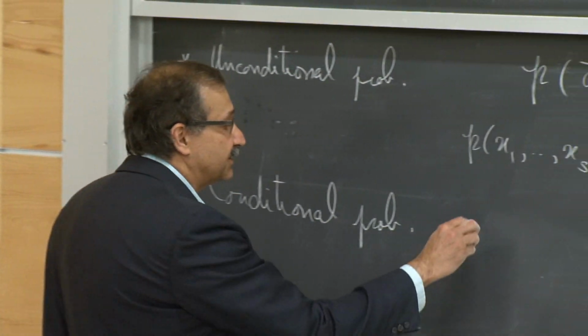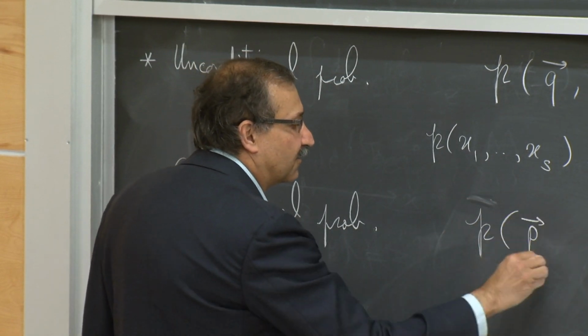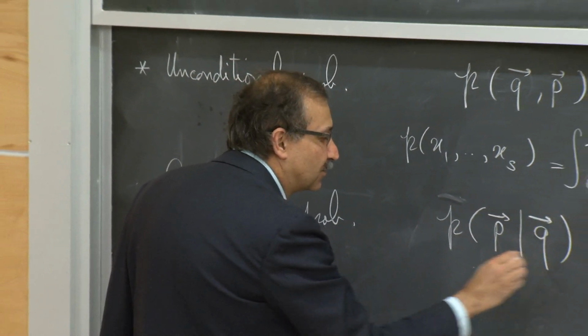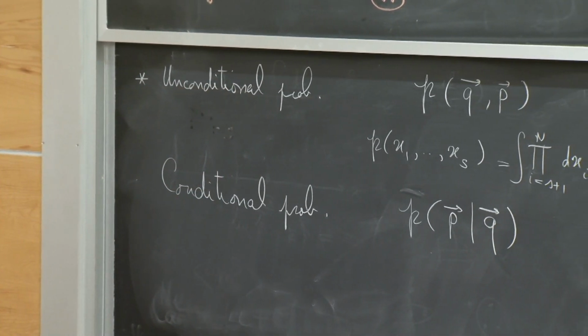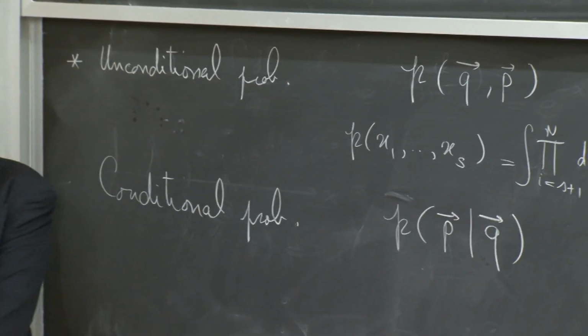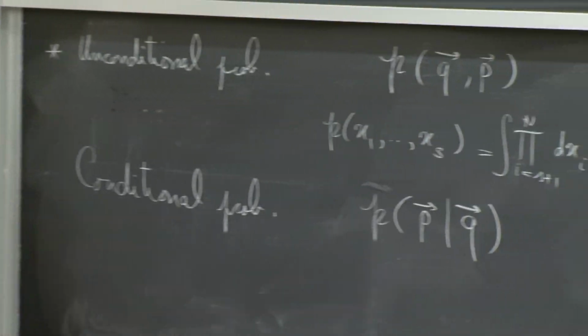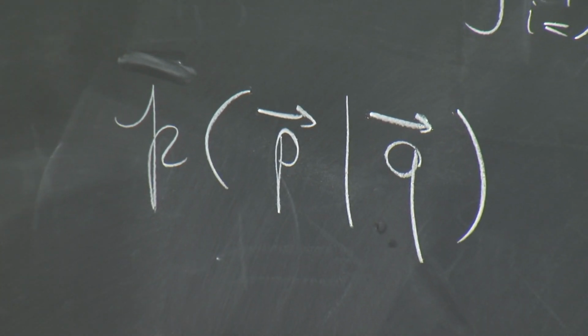So if I'm interested in the momentum of particles at a particular location, which could in principle depend on location, so now q is a parameter, p is the variable, but the probability distribution could depend on q. How do we obtain this?